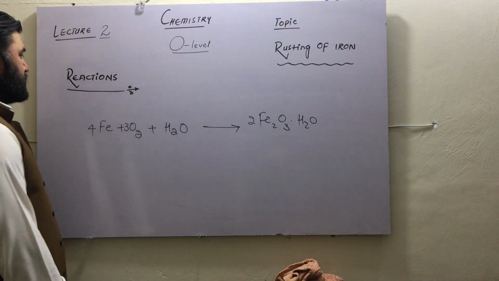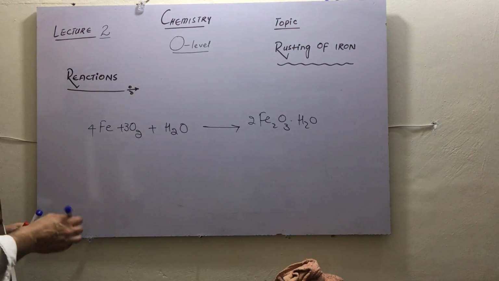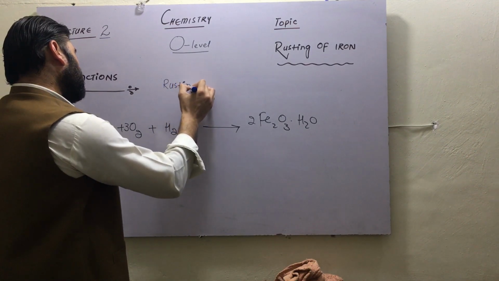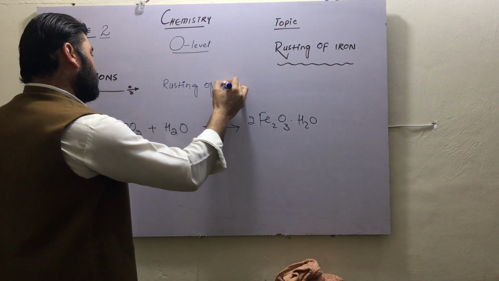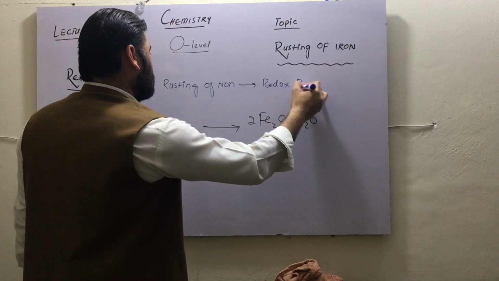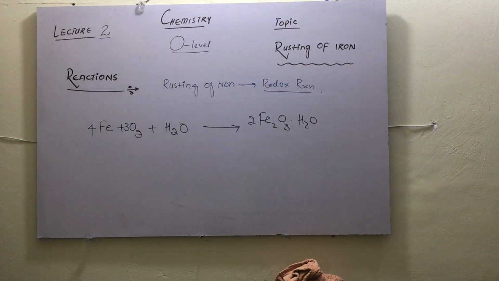This is the reaction for rusting, and one thing which is more important here is that rusting of iron is a redox reaction. What is a redox reaction? Here oxidation and reduction both take place simultaneously in the same reaction. Rusting involves oxidation.